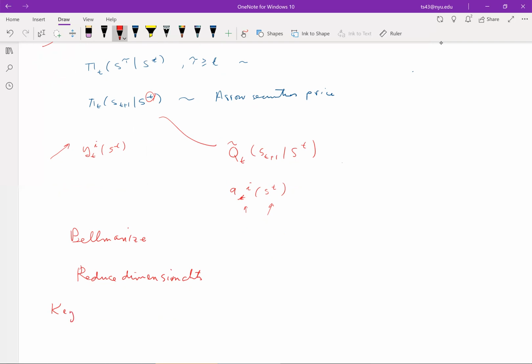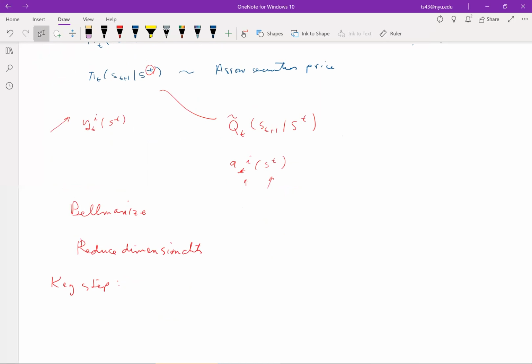Okay, so here's the key step. We're going to assume that pi_t of s^t is generated by a Markov chain. That's what we're going to do from now on.